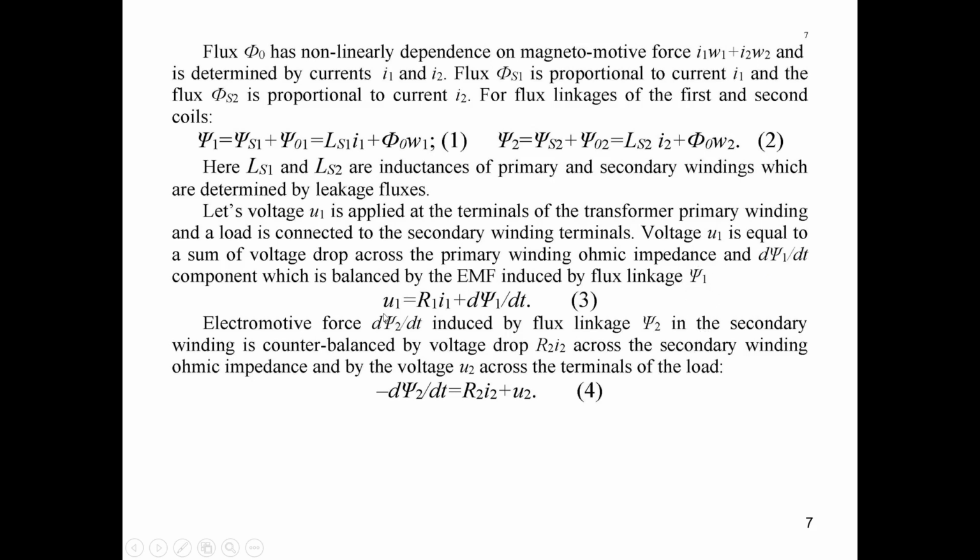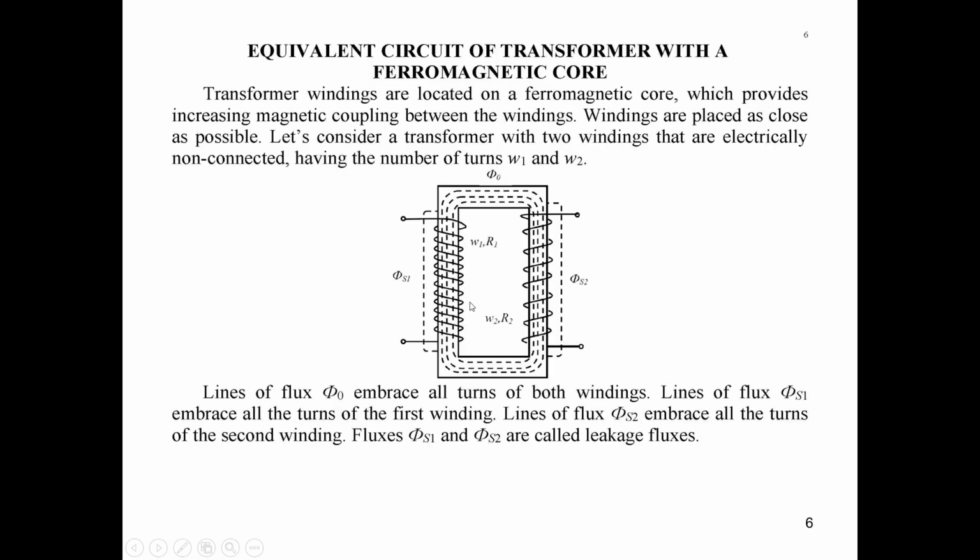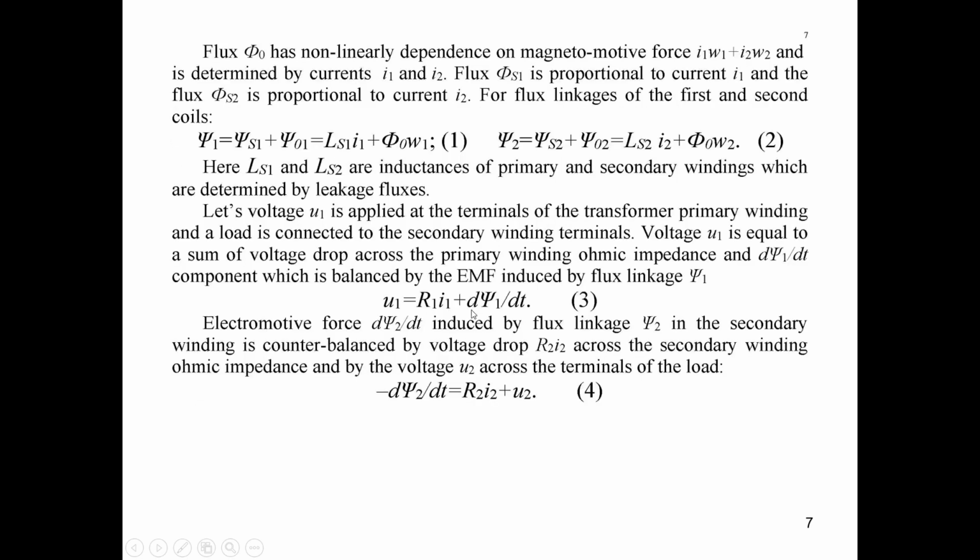So we can write down that U1 equals R1 I1, because it will be ohmic resistance in any case, if we have, for instance, a copper winding here, plus dψ1 by dt, because of Faraday's law.